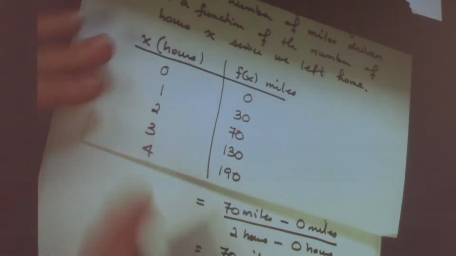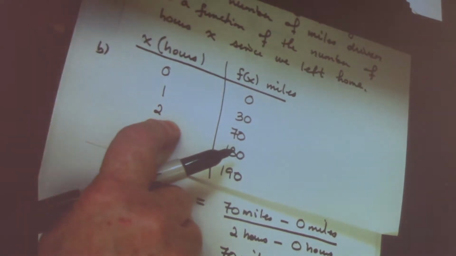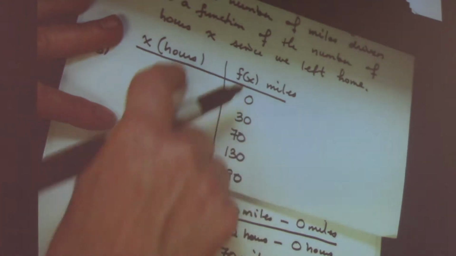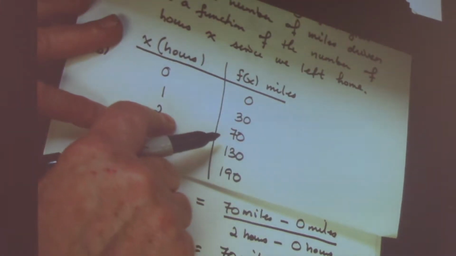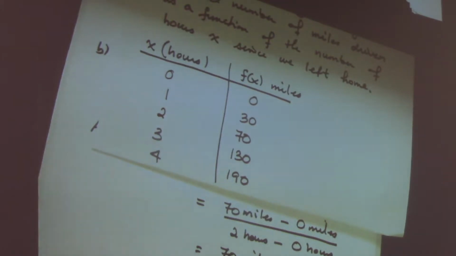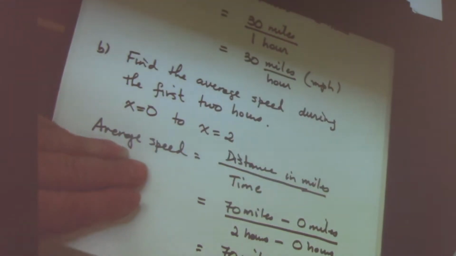Okay, so looks like during the second hour we were able to speed up a little bit, because my average speed over the first 2 hours is bigger than my average speed during the first hour. Okay.